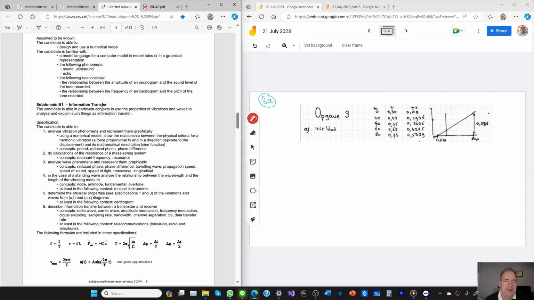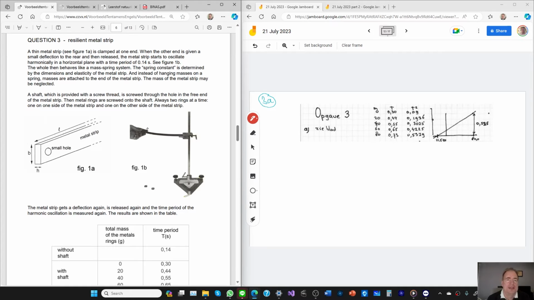So even a pendulum, or I call it a swing, or even some molecular forces. They all have a restoring force that becomes bigger as you get further apart. And the mass spring system can be used to model most of these.